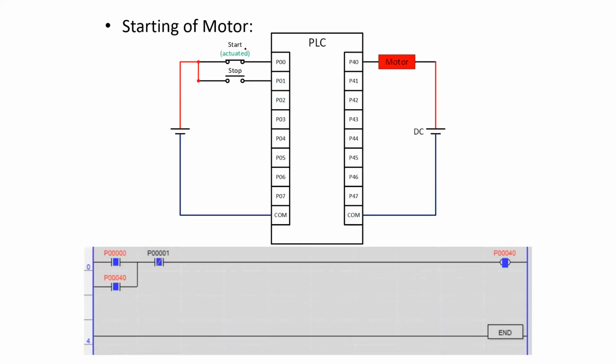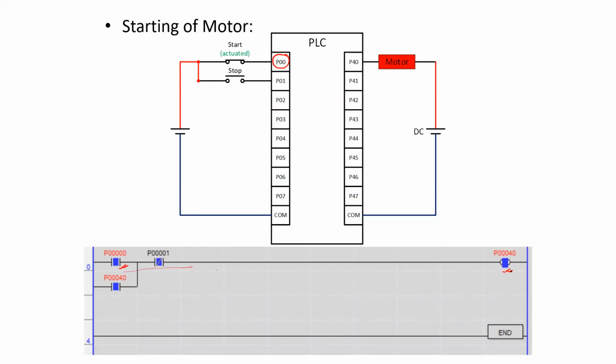Now when the starting button is pressed or actuated, this path is closed. So this port P00 is going to receive some signal, and its corresponding contact will get closed. As this contact is getting closed, this path is now complete, and the output coil will also receive a high signal.